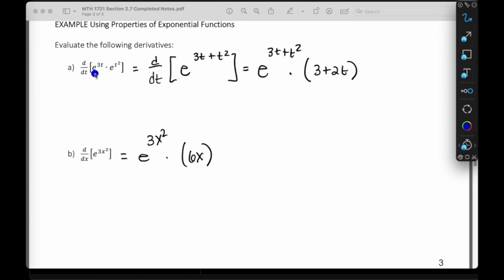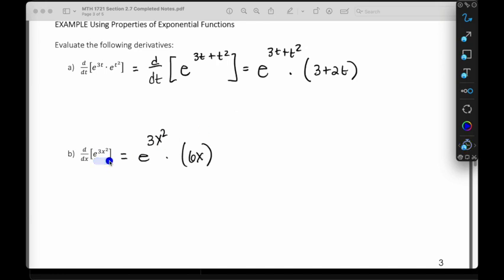So using the fact that these two bases are the same, I'm going to add my exponent. So I'm going to rewrite this as e to the power of 3t plus t squared. Now I'm going to take the derivative, and I don't have to worry about the product rule. I just rewrite it as e to the power of 3t plus t squared times the derivative of my inner function, which is 3t plus t squared.